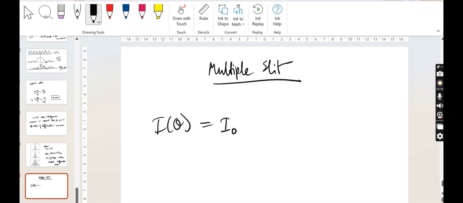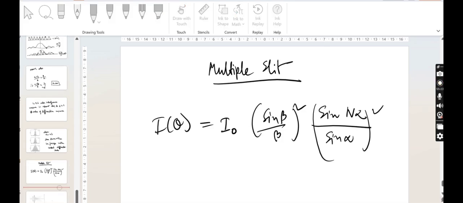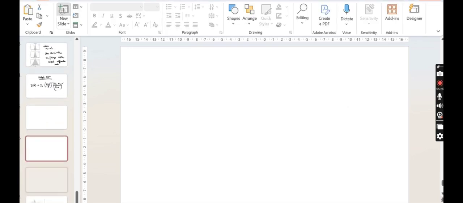Now we will go to the multiple slit diffraction pattern. That is basically I(theta) is equal to I naught, (sine theta by theta) whole square, into (sine n alpha by sine alpha) whole square. So again, as theta is equal to 0, we get the principal maximum.